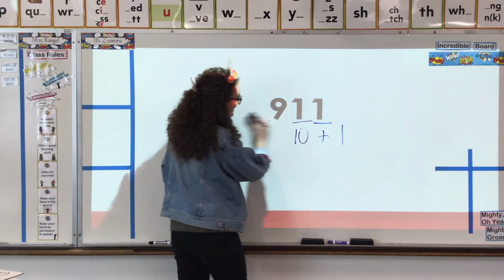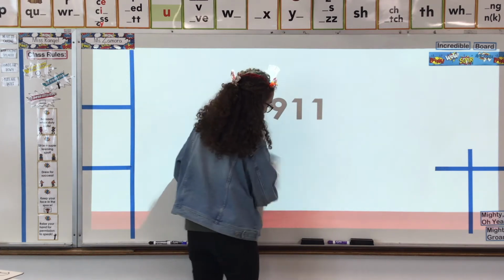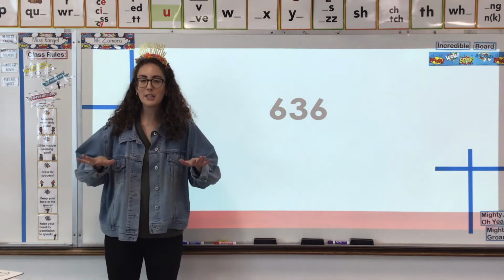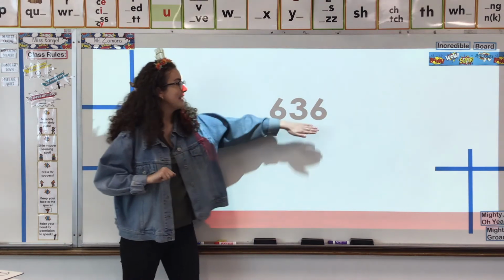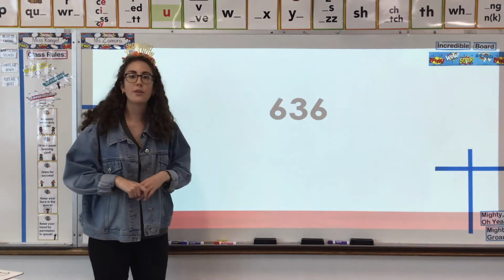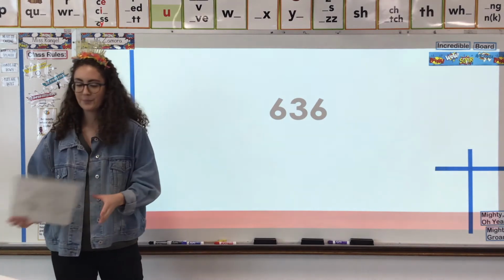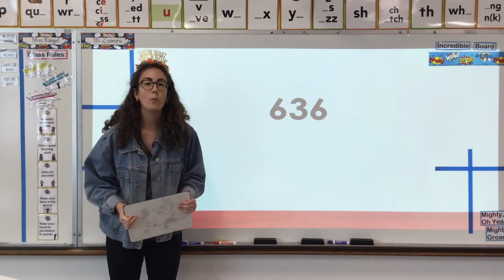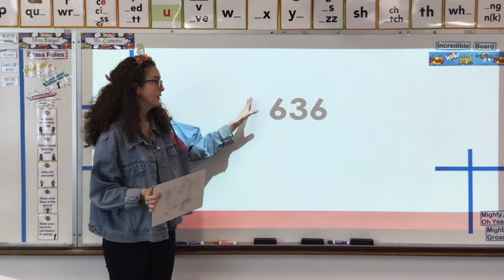Let's reset. Here we go, a nice clear board. With your clear board, you're going to write 636. This number is in what form? What form is this?